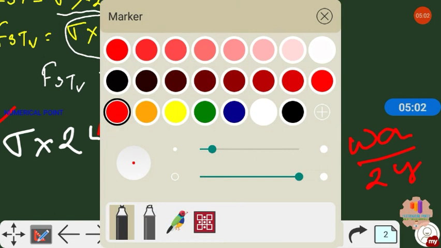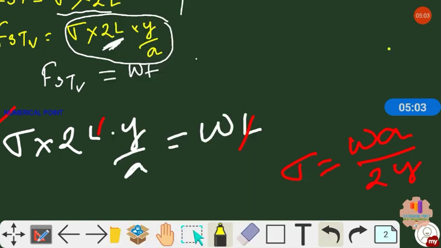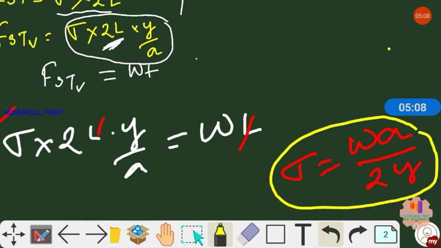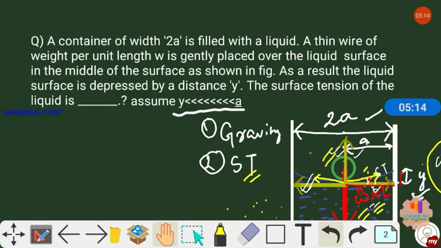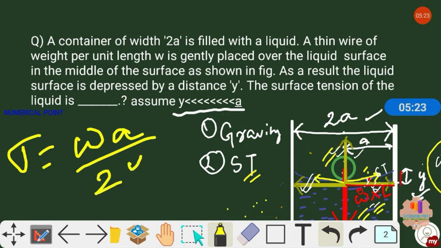So this is our answer for today's question. The surface tension is W into a by 2y.